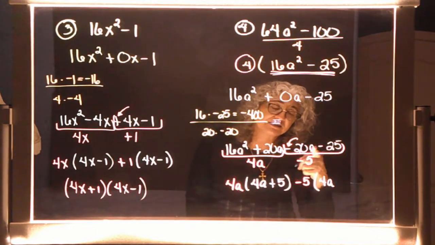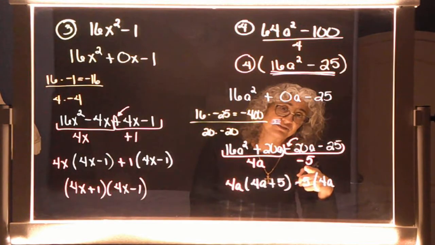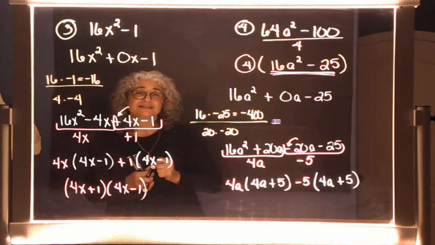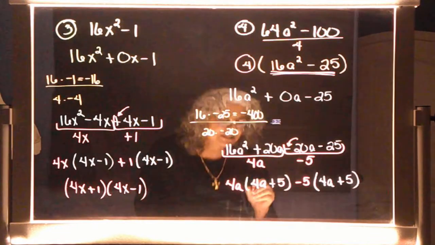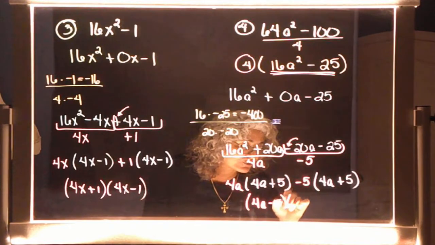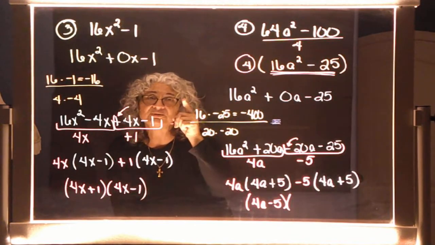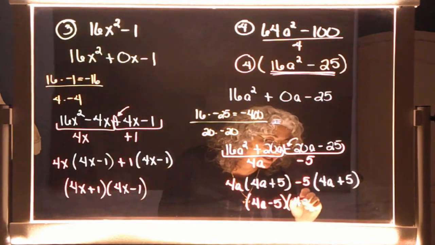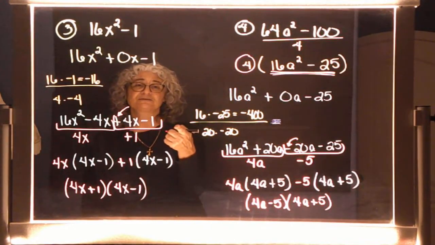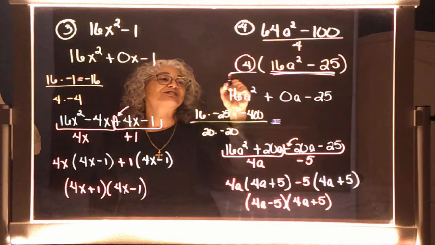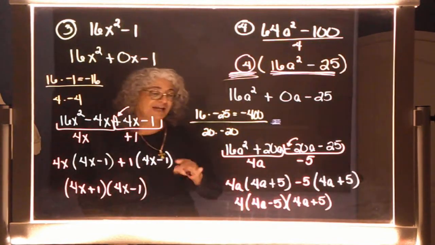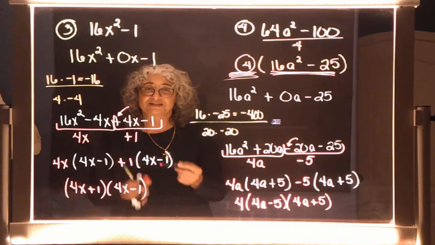And what about a negative 25 divided by a negative 5? Good. Positive 5. So, do you see it? It looks like the 4a minus 5 was originally distributed to the 4a plus 5. Awesome. Is that your final answer? Good, it's not, because you still have this 4 that you took out in the beginning, which means the final answer has the 4 in front of it, doesn't it?